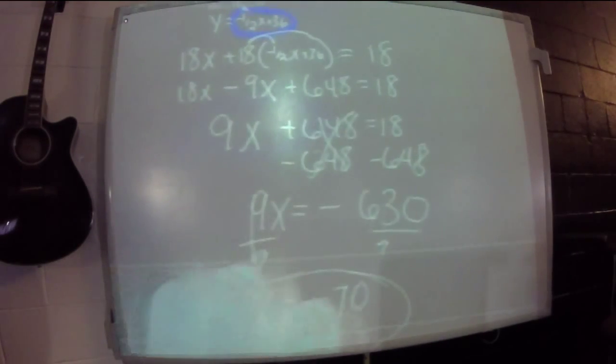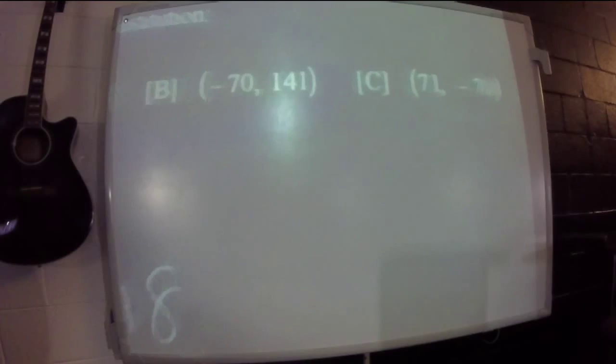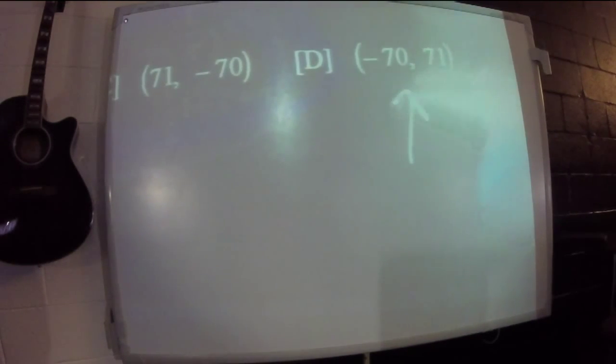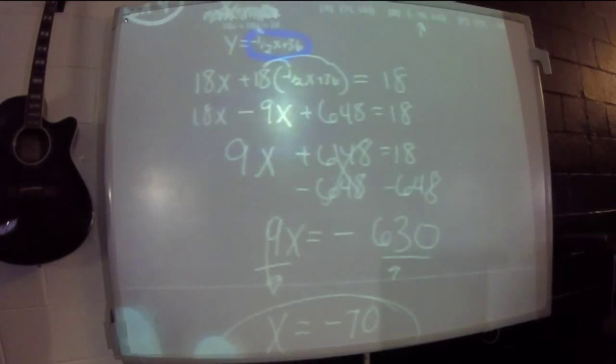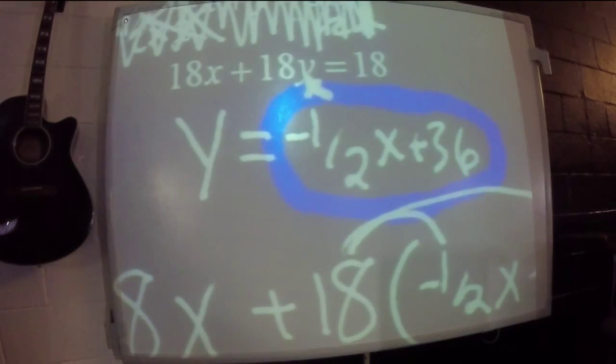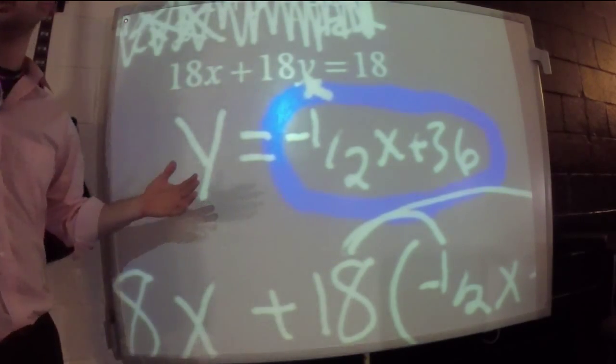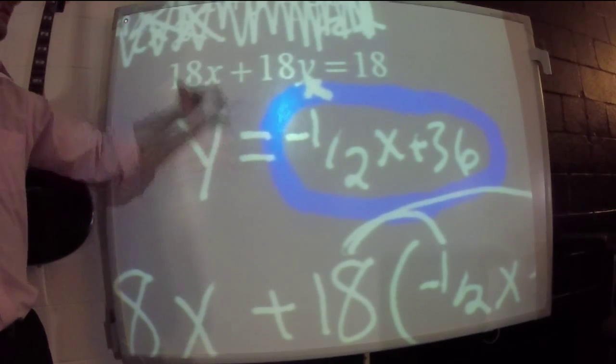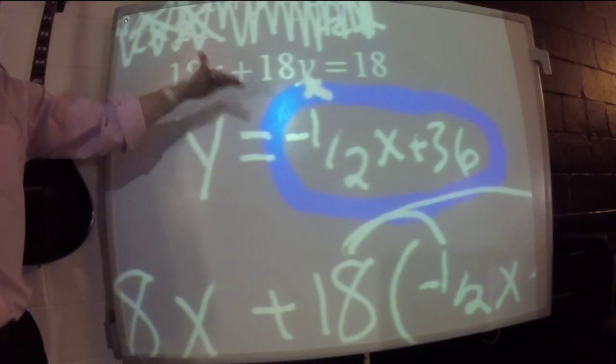You have two options that have negative 70, so you can't be done here. It's either B or D. How am I going to figure out which one it is? Put that in for x in one of the equations. Which one do you think is going to be the easiest for us out of these two? Probably the second one.